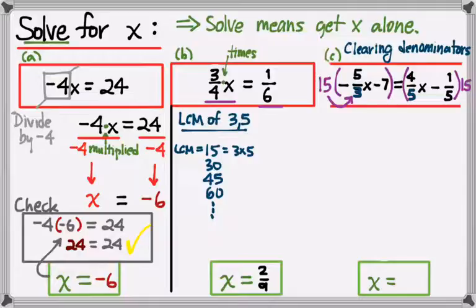How do I do 15 times negative 5/3? Okay, so first let's put that 15 with a denominator of 1. How about that negative sign? What should I do with that? We talked about this on Wednesday. I think it was Wednesday.